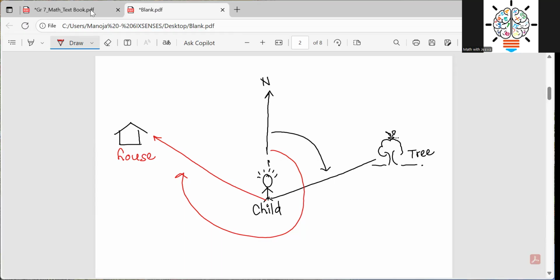That from part will be connected with the north direction, and whatever the object you want to look at, you turn clockwise, and how many degrees you turn. So that we call the bearing of the house from the child, the bearing of the tree from the child. That is how we explain it.